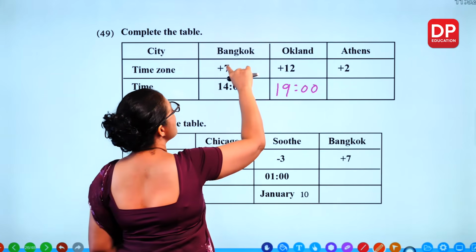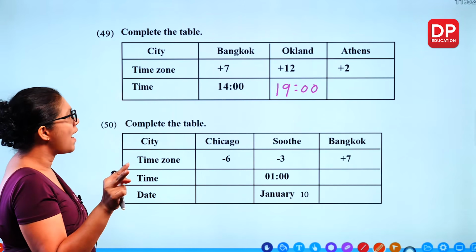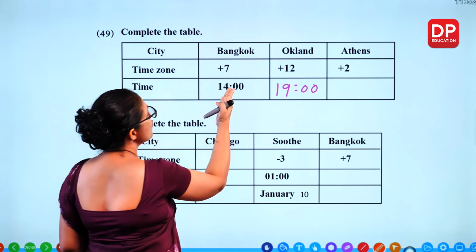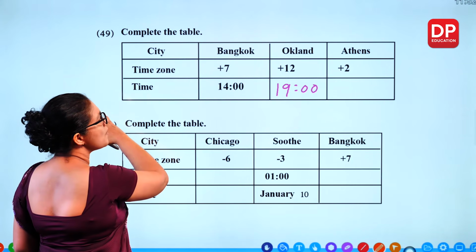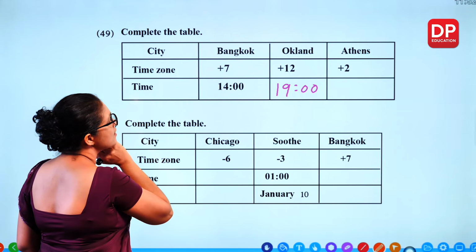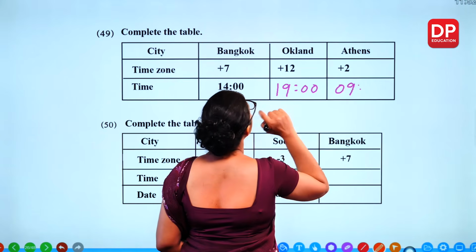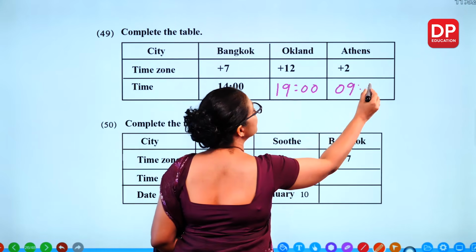So here 7 and 2, the difference is 5. So that means you have to subtract. 2 is this way. So subtract 5 from 14. So what's the value? 9, 9 in the morning.